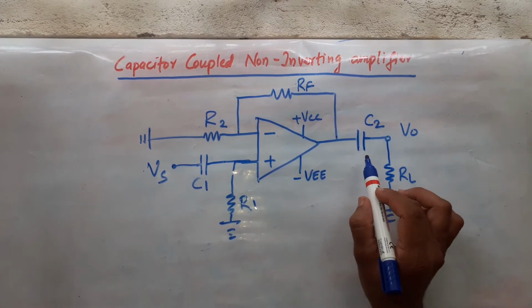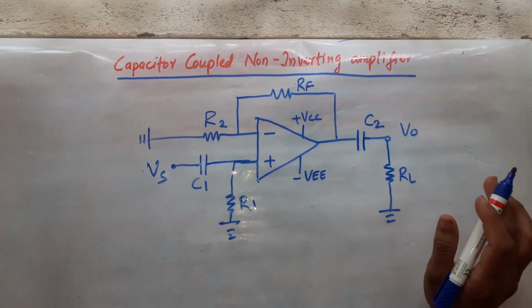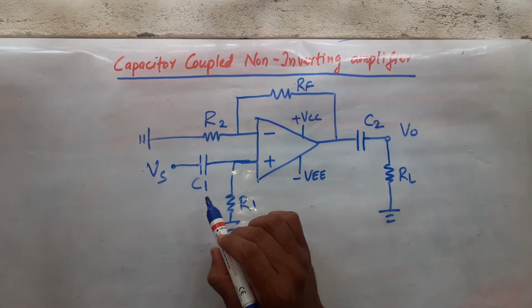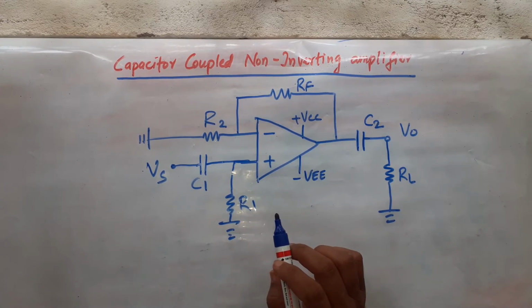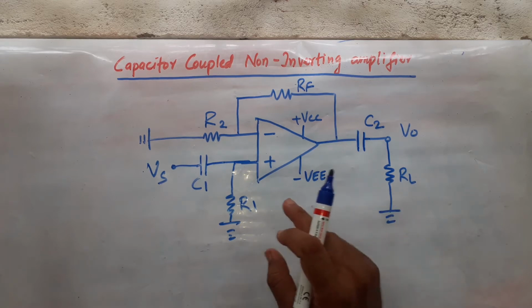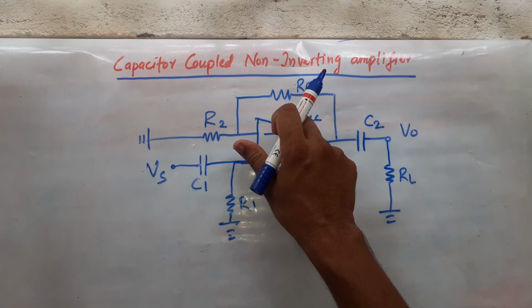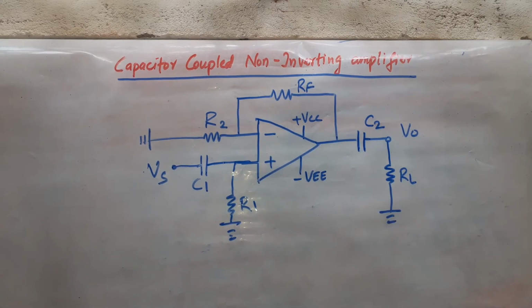So C2 will take care that no DC is coming out, only pure AC is coming out, and C1 will take care that no DC is coming into the circuit. Only AC will be passed. This is the role of C1 and C2. So in your design part, you need to calculate the value of R1, R2, RF. Then you need to calculate the value of C1 and C2.